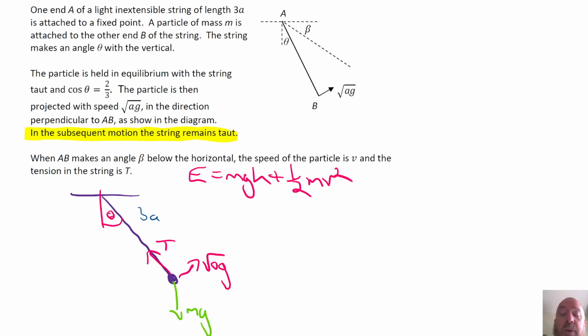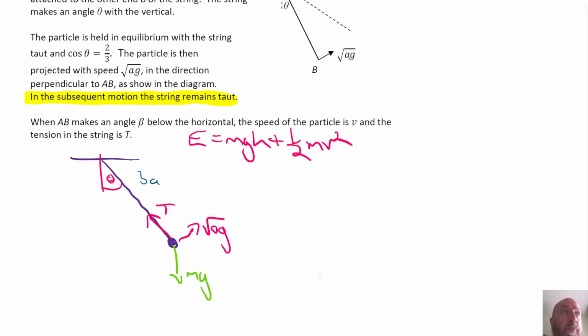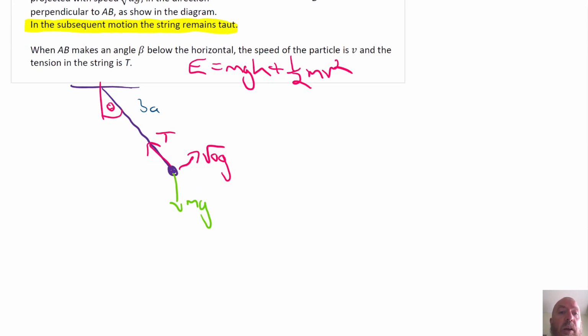So our total energy is that. We can figure out from our starting case what the total energy of the system is at all times. So what I would do is draw a line down here, call that 3a. We can then draw our dotted line here.